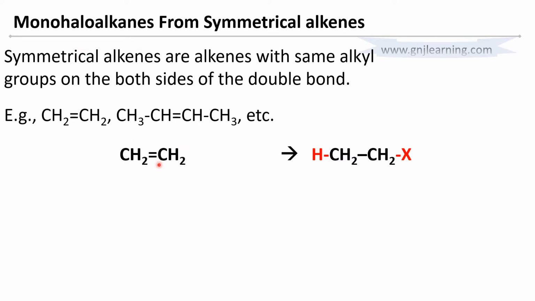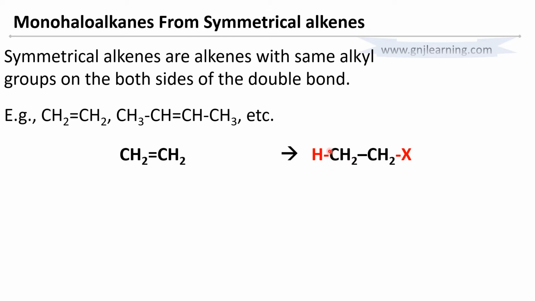So what has happened here? You can see when you go from reactant to product, what happened? This double bond is broken here, isn't it? So it has turned into a single bond, and onto each carbon atom new atoms are added, isn't it?